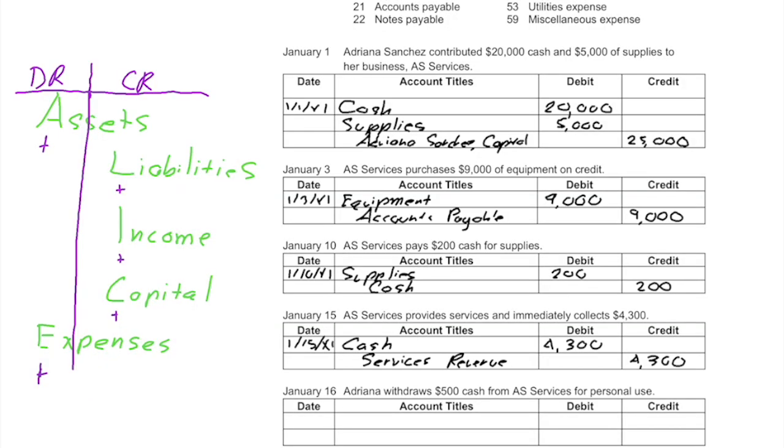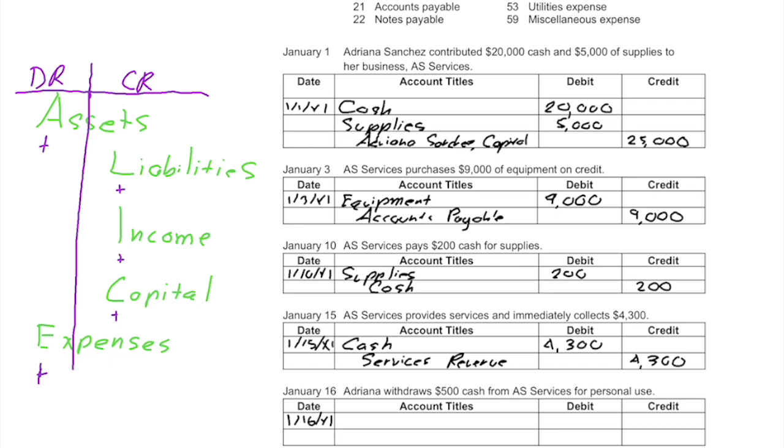All right, now we're going to go ahead and complete the last one, which occurred on January 16th of X1. We'll evaluate what happened again. Our owner withdraws $500 of cash from the business for personal use. So our owner is taking out $500 from the business.